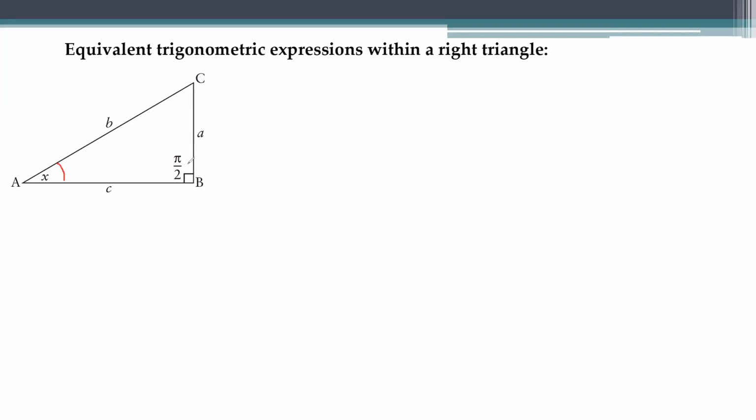And here is pi over 2. So basically, sine x is the opposite side divided by the hypotenuse. So a over b.